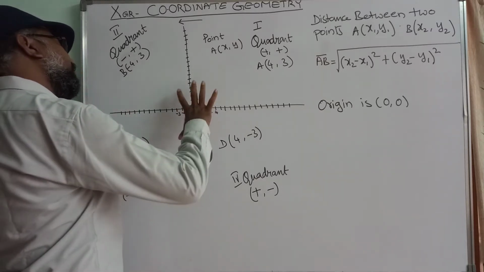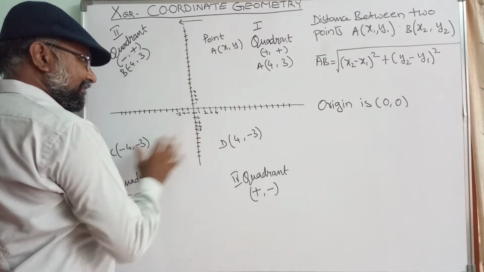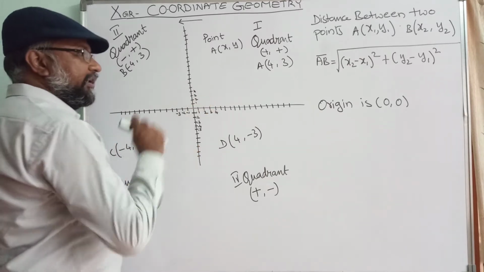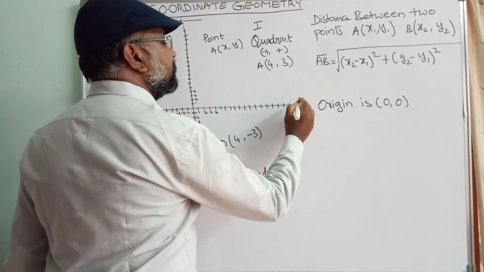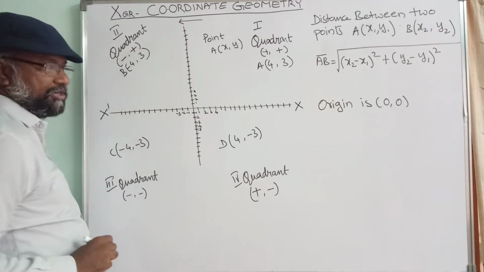Now, we will take a plane like this and divide the plane into four quadrants. For an example, first we will see it axis-wise. This is the x-axis and we call it x dash.